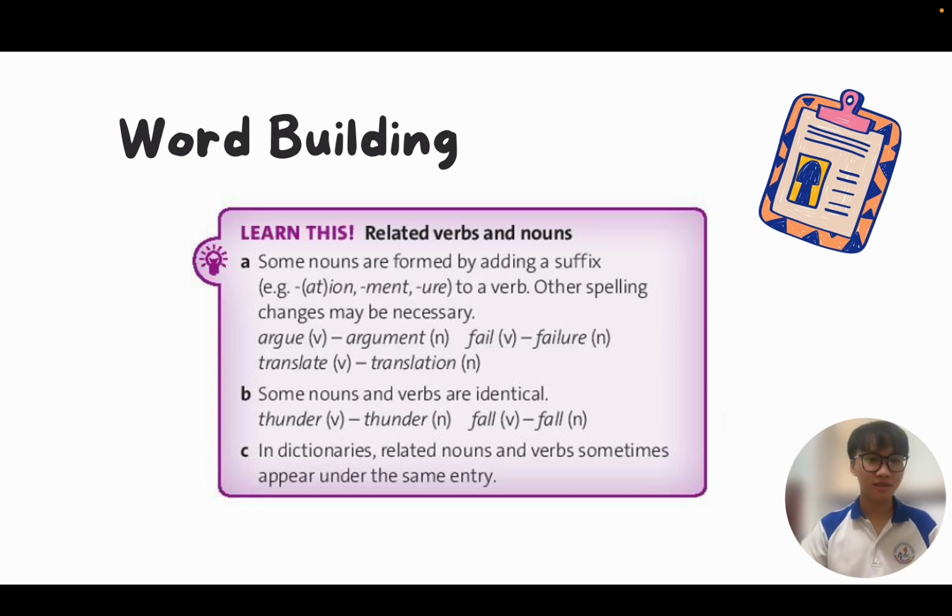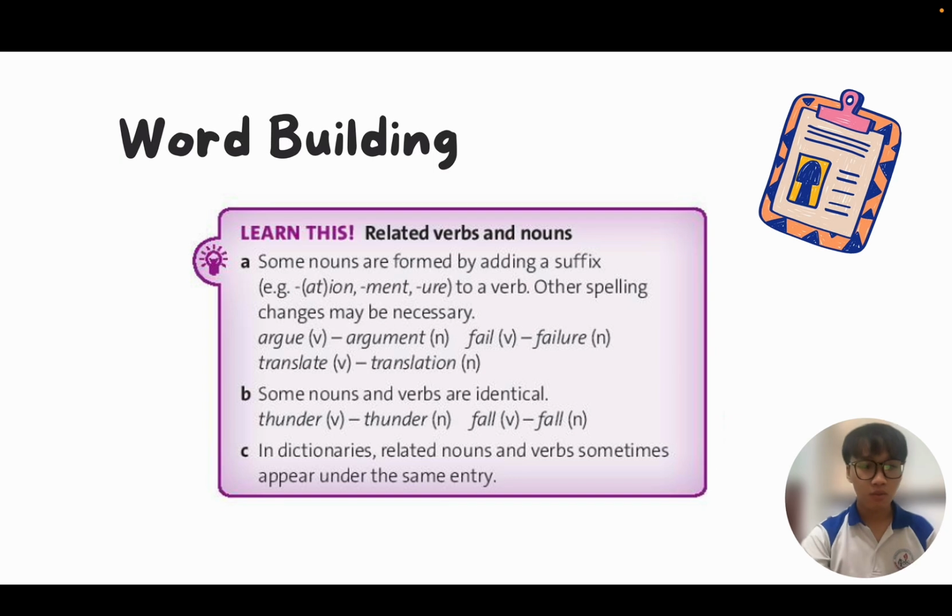Alright, so this time we're gonna learn about how you could build a noun in a word family. So firstly, we have the first step. Some nouns are formed by adding a suffix. For example, some suffixes like -ation or -ment or -ure. And other spelling changes may be necessary.